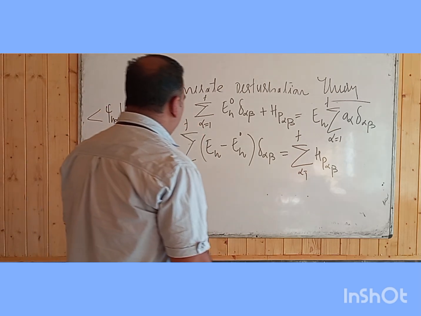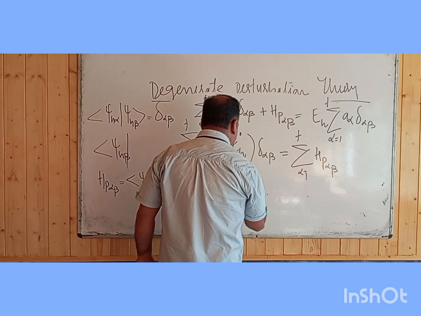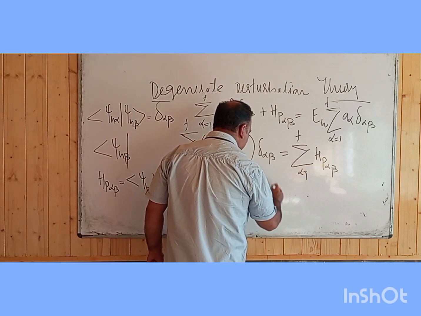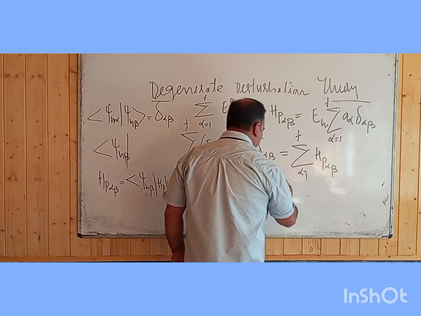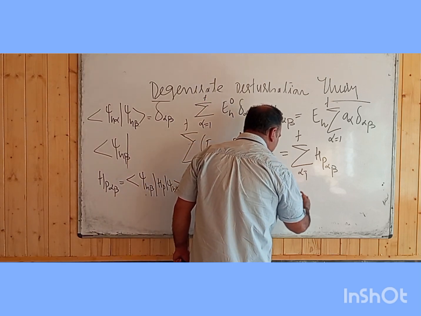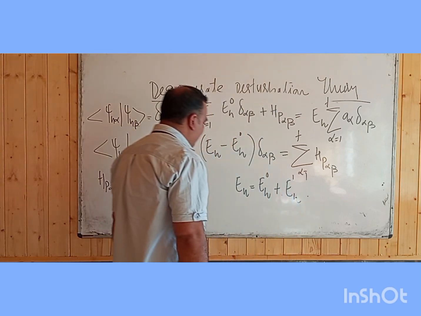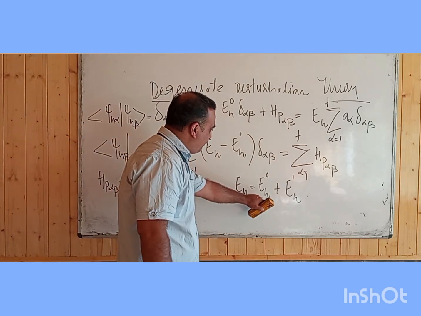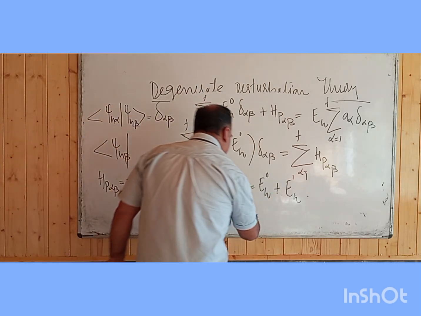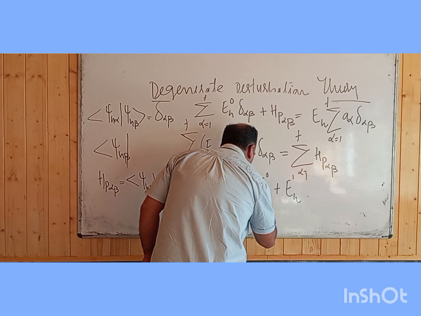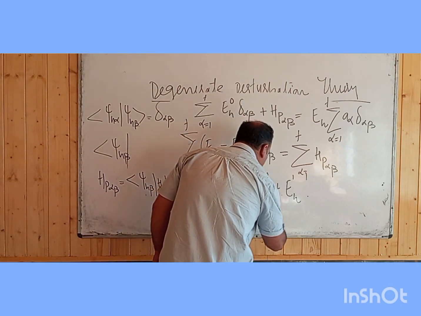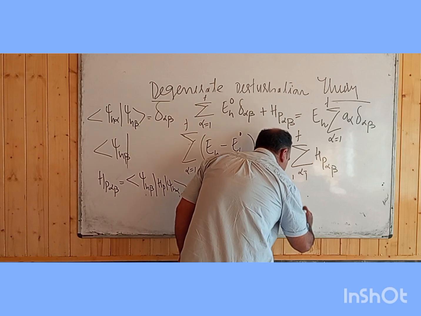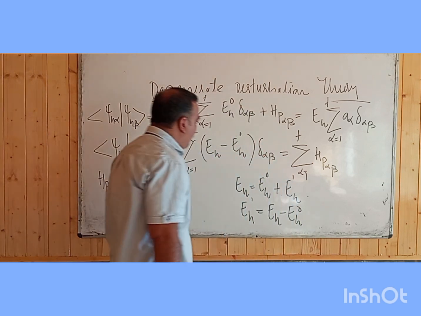Okay, fine. Now, if I have to write En, I can write En as En naught, the unperturbed, and then the perturbed En1. Let's take it to first order. That means if I transfer this En naught to the left side, what will be En1? That will be En minus En naught.